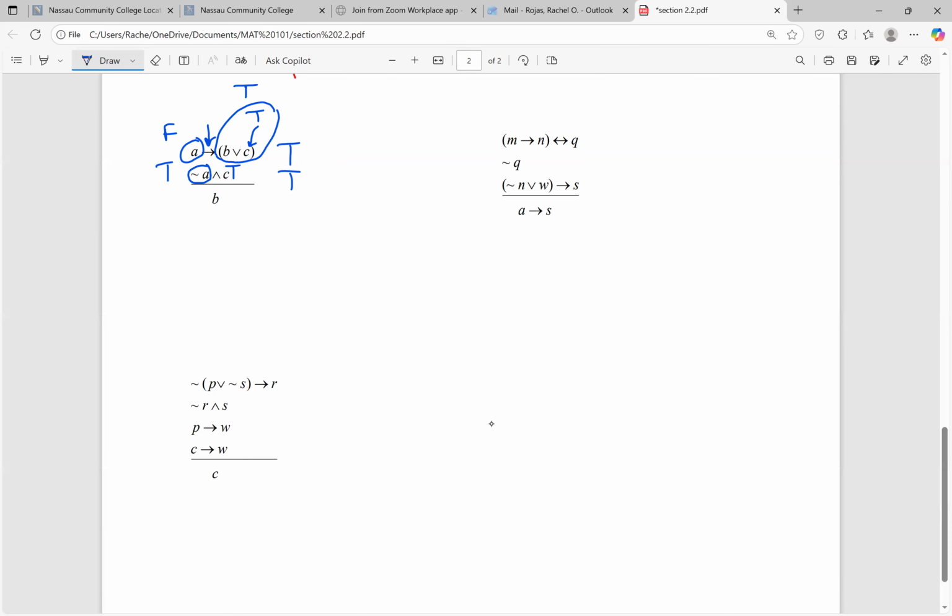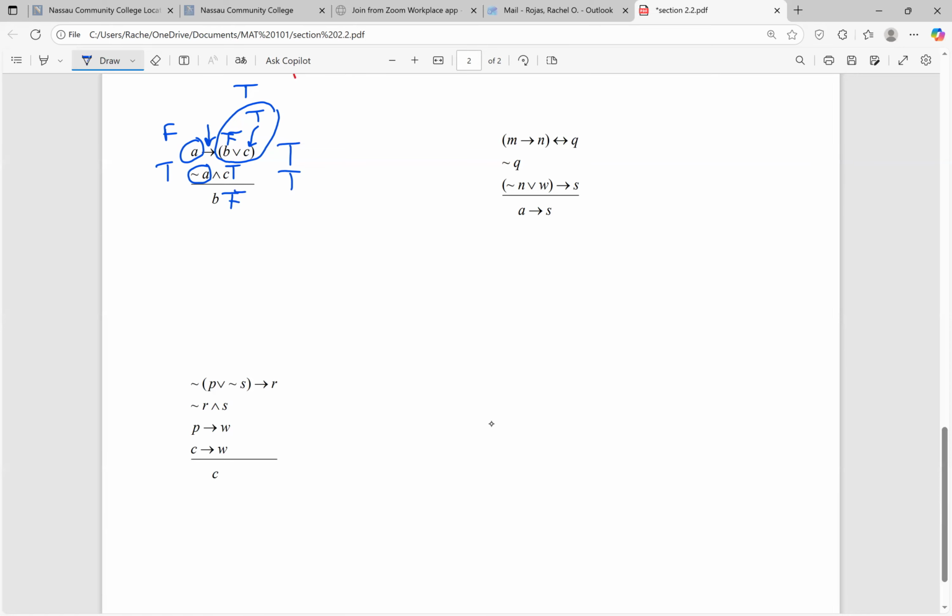But we still don't have a value on B, right? But B could be either or because in an or statement, as long as one side is true, the whole statement is true. It doesn't matter if it's true or false. So if B were true, then my conclusion would be true. But what if B was false? Then my conclusion would be false.